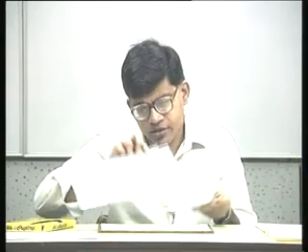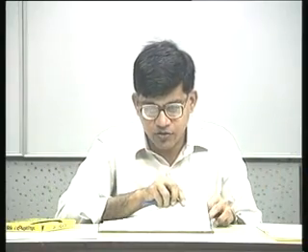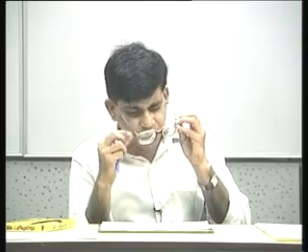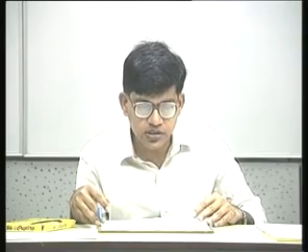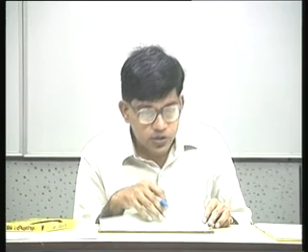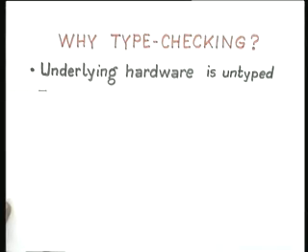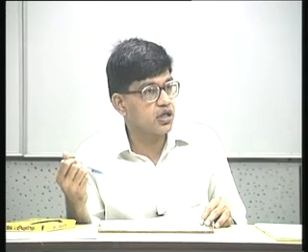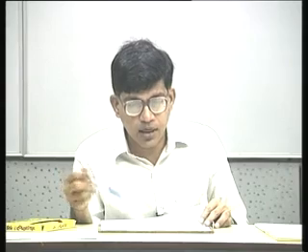So while it is true that you cannot get rid of all programming errors in any foolproof fashion ever, what you can do at most is to introduce checks, and one important check therefore is type checking. Since the underlying hardware is untyped, it's a good idea to introduce type checking among other things.